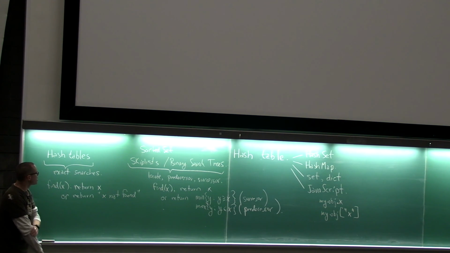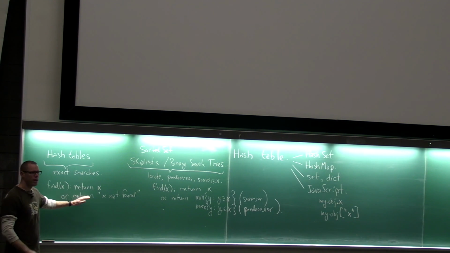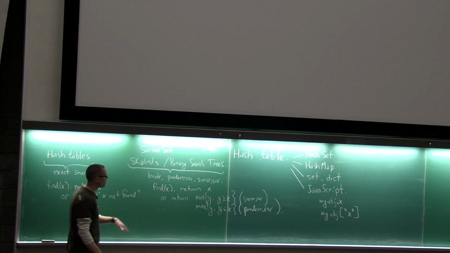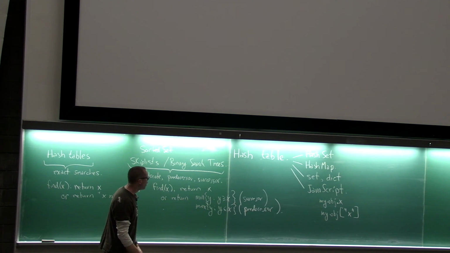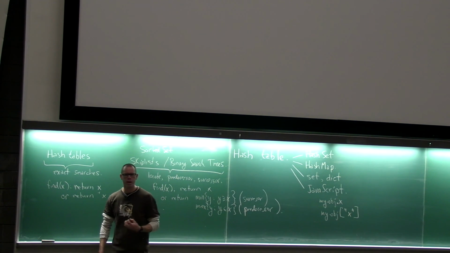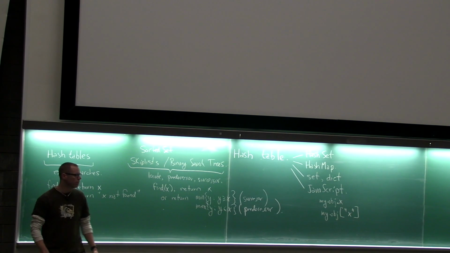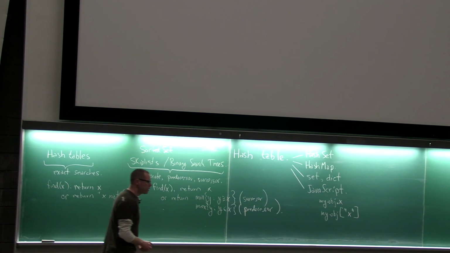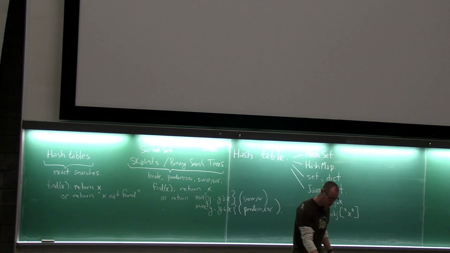Okay? So the primary difference between these things is they offer different kinds of functionality. One of them just says, here's X in the data structure, or it's not there. That's all I can tell you. This one says, here's X in the data structure, or if it's not there, here's something that's close to X. So the closest thing to X, whatever closest means. And you pay something for that extra functionality.